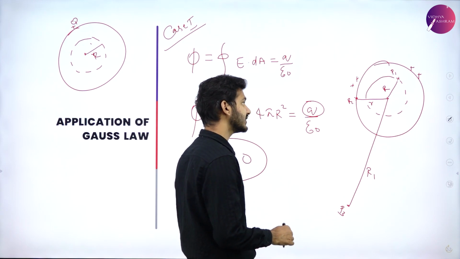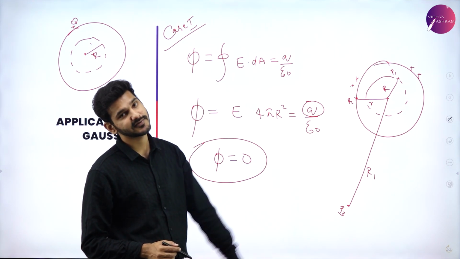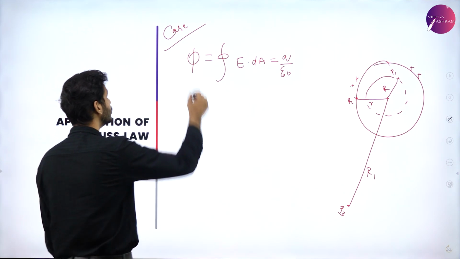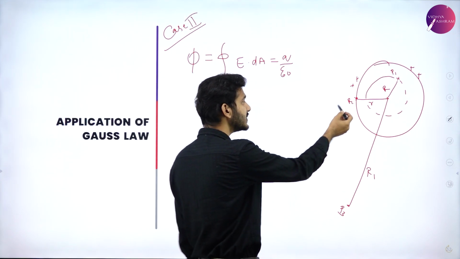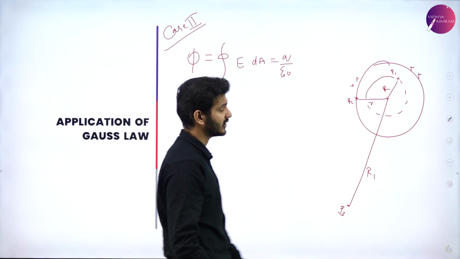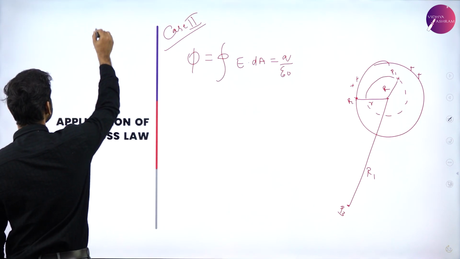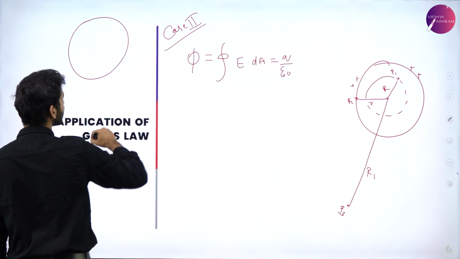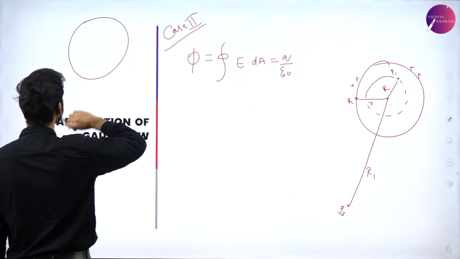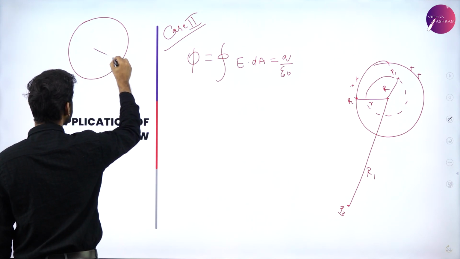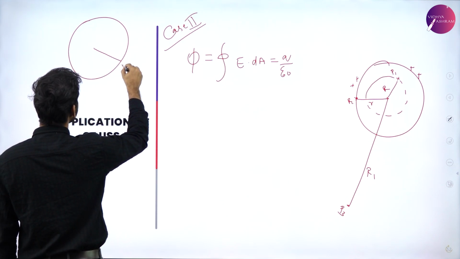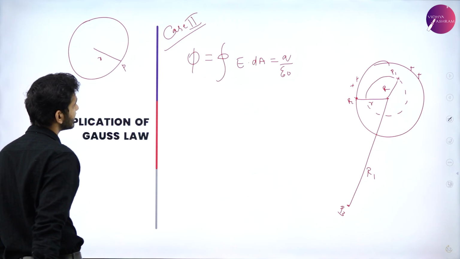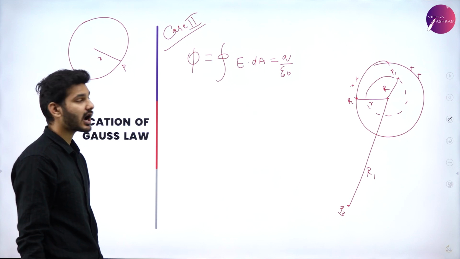Now we are going to consider a point at the surface, case 2. Case 2 is a point P2, which is at the surface of the sphere. We again have a center, and a sphere where the charges are uniformly distributed, and we consider a point P on the surface of the sphere, and this distance is indicated by small r.